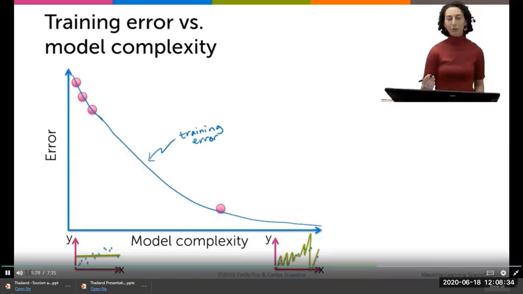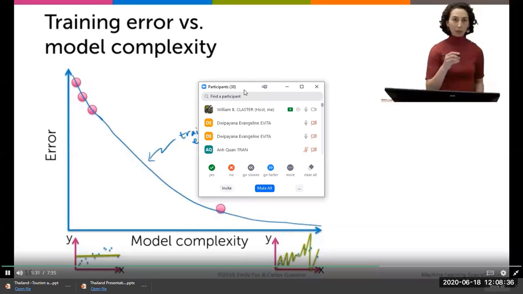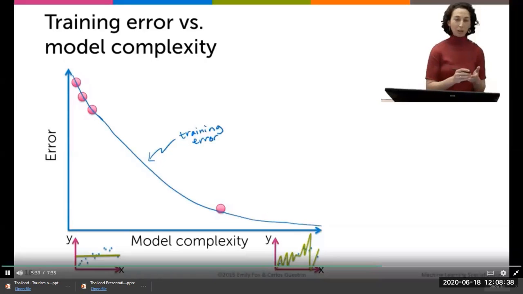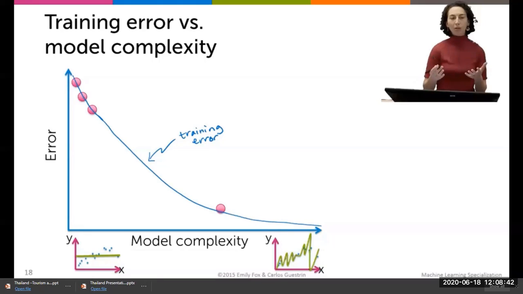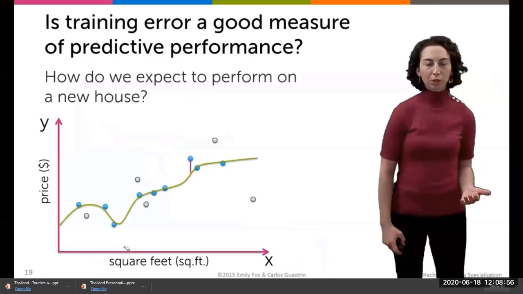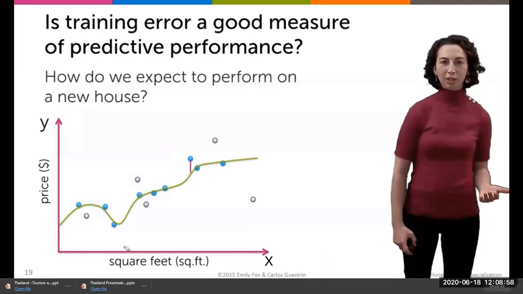Well, it's pretty intuitive because the model was fit on the training points, and then I'm saying, well, how well does it fit it? As I increase the model complexity, I'm better and better able to fit my training data points. So when I go to assess my training error with these high complexity models, I have very low training error. So a natural question is whether training error is a good measure of predictive performance.